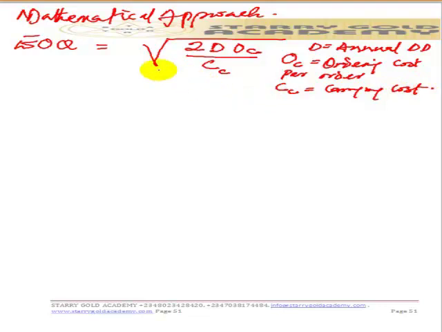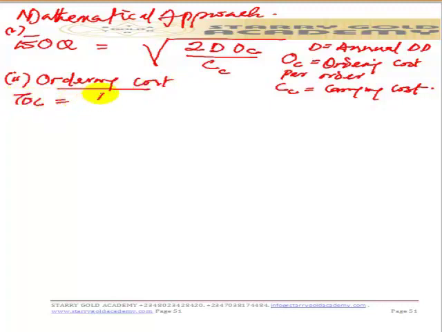Now there are ways we can also find some of these variables. This is EOQ. The second one, if we are going to find the ordering cost, the formula for the total ordering cost, TOC, is D over Q times OC.